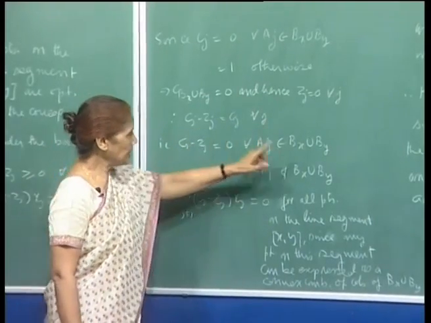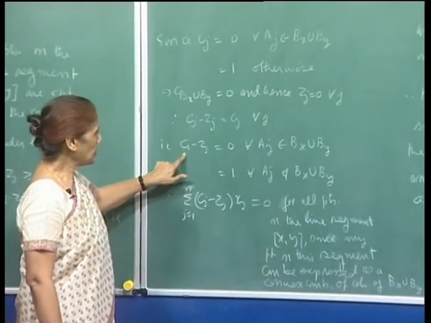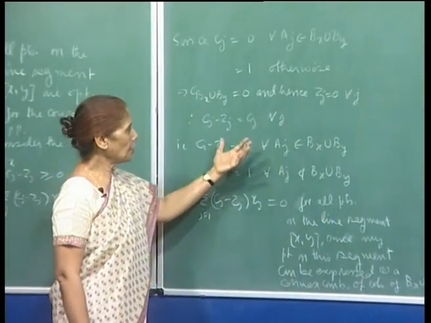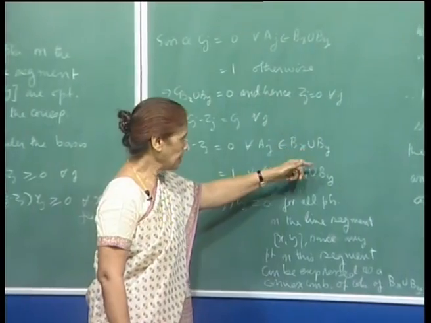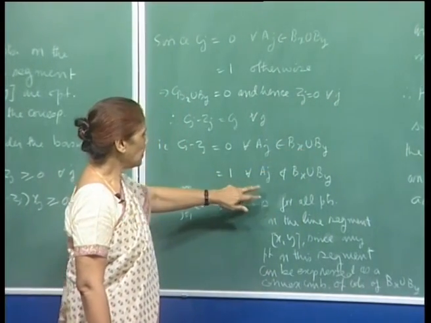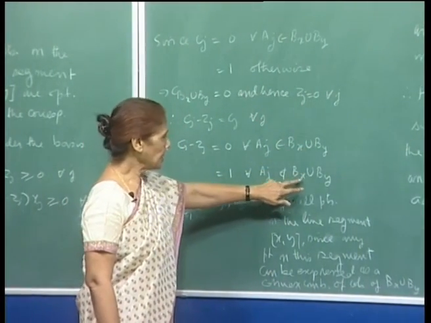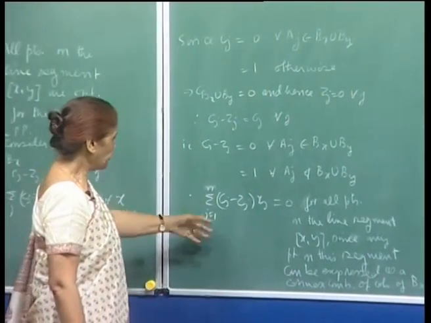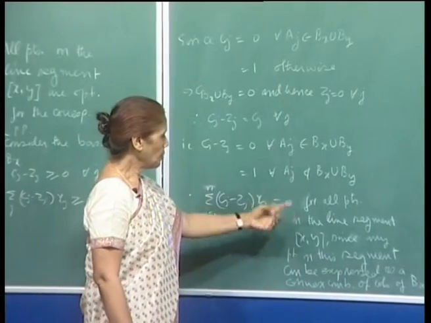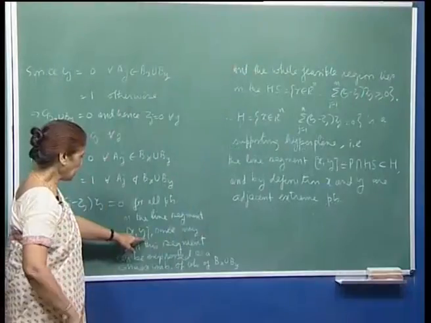But for all basic variables, since Cj's are also 0, Cj minus Zj is 0 for all columns in the basic set Bx union By, and this is 1 for all Aj which are not the basic columns in either Bx or By, right. And therefore, this expression is 0 for all points on the line segment x comma y.